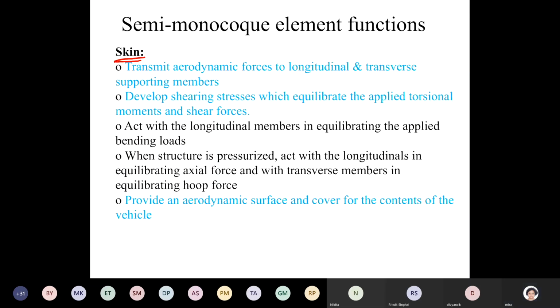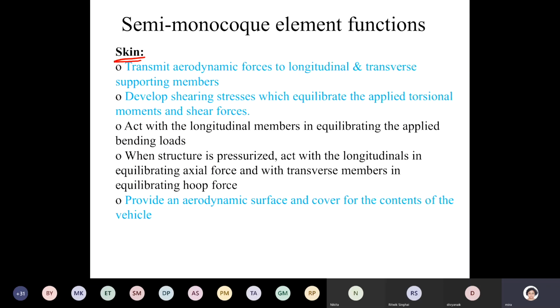But each of these components is primarily associated with a form of loading. While I have written all these bullets corresponding to each structural component, the points given in blue fonts are the primary structural function of the respective component.